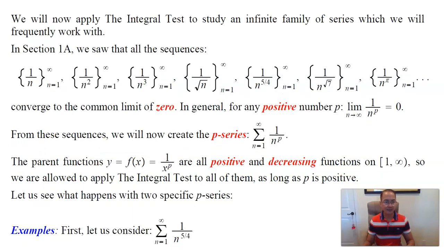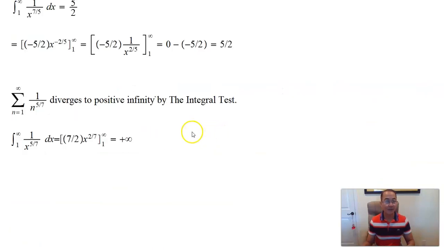So what's the pattern here? 1 over n to the 7/5 converges, 1 over n to the 5 over 7 diverges. What about something a little bit simpler?